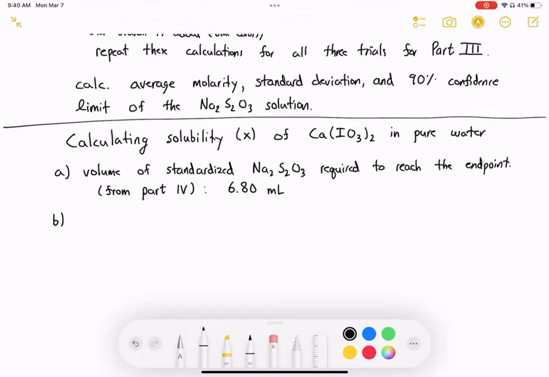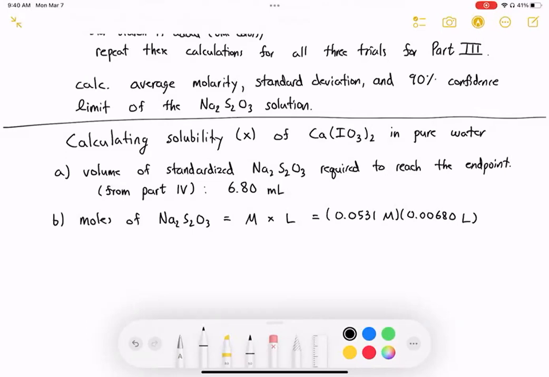So moles of sodium thiosulfate equals molarity times liters, which gives us 0.0531 molar times 0.00680 liters.